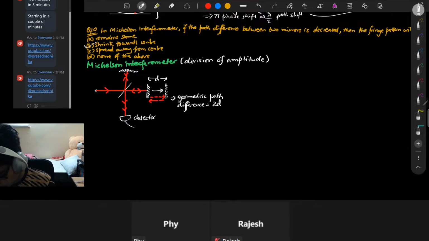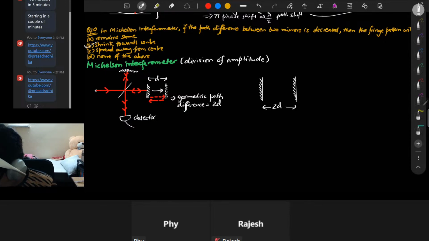And then we can draw its straight line equivalent. So let's say this is one mirror, and this is the virtual image of the mirror, and this distance is 2d.